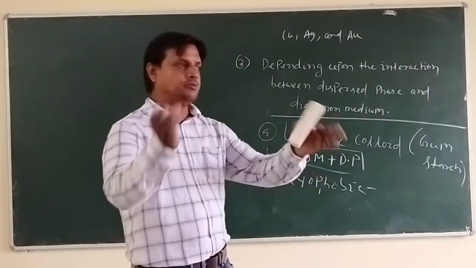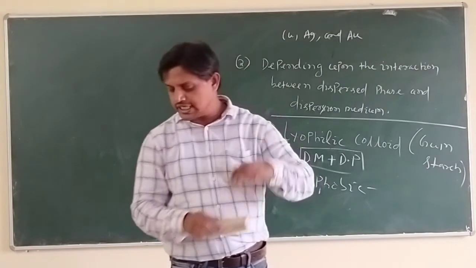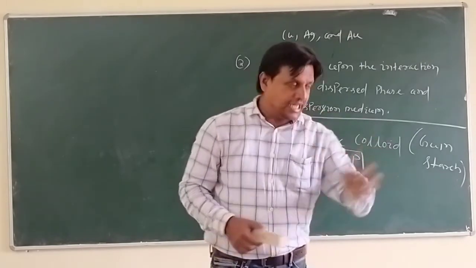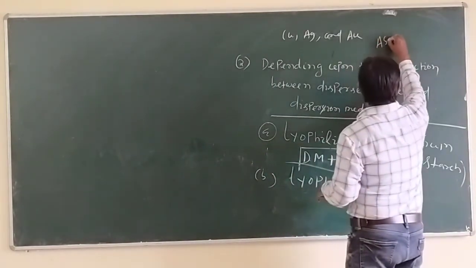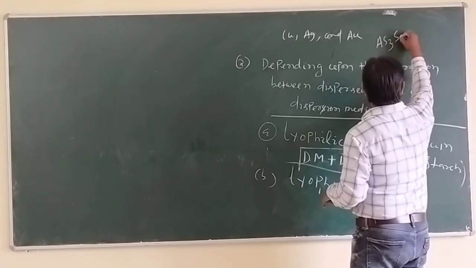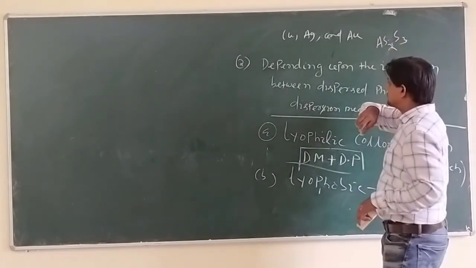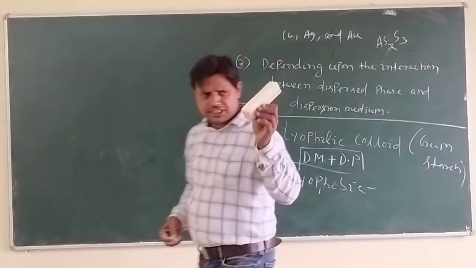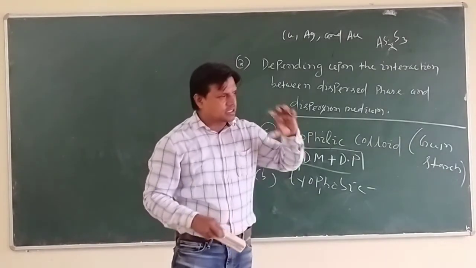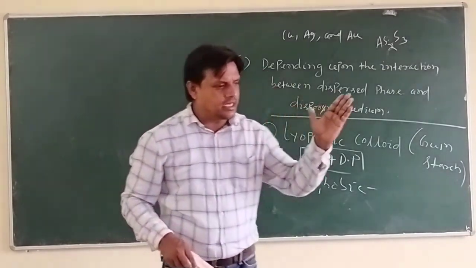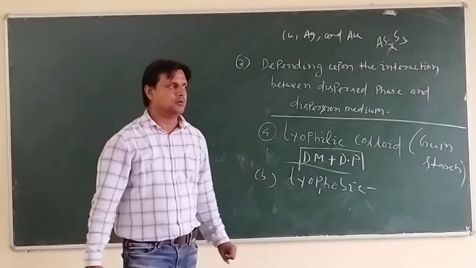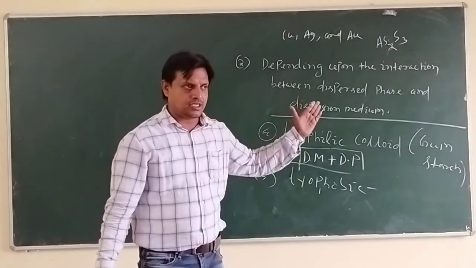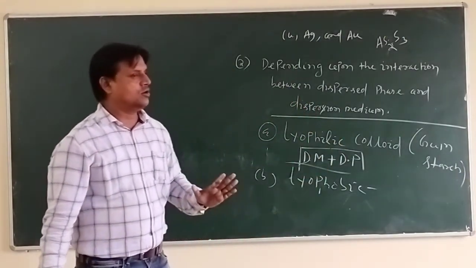Also the hydroxide of aluminum, that is Al(OH)3, the hydroxide of iron, that is Fe(OH)3, and metal sulfides like As2S3, the sulfide of arsenic, are examples of lyophobic colloid. So this is the basic difference between lyophobic colloid and lyophilic colloid.